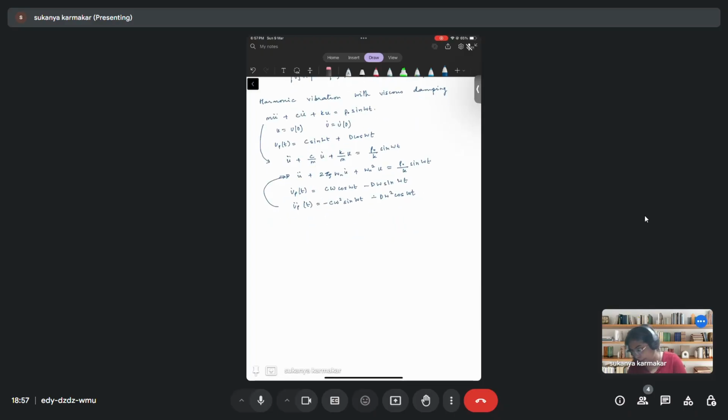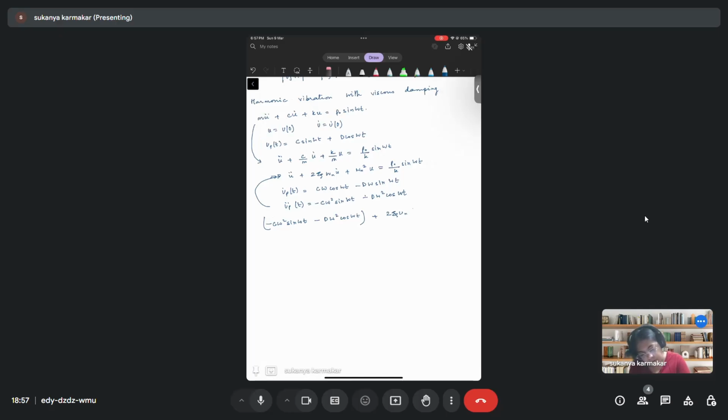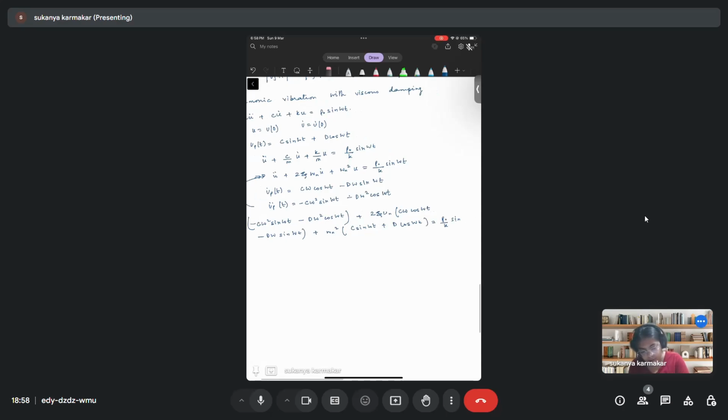So you will have minus c omega square sine of omega t minus d omega square cos of omega t plus 2 zeta omega n times u dot, which is c omega cos of omega t minus d omega sin of omega t, plus omega n square times u, which is again c sin of omega t plus d cos of omega t, is equal to p naught by k sin of omega t.